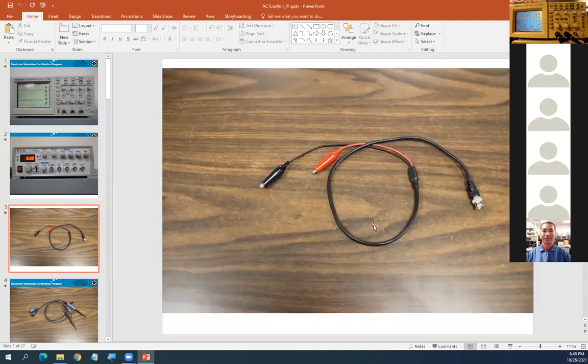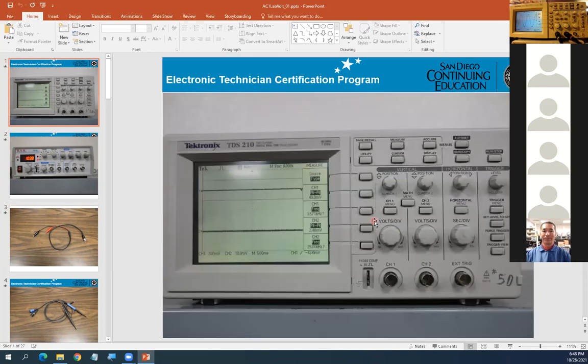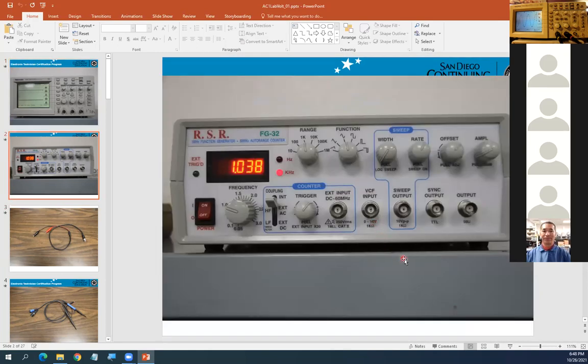Yeah, Mr. Pham, if you go back to the generator, I was going to ask a question, or maybe I don't know if you want to cover it at this time. The section in the box that's called counter and the other section that says sweep. Do we need to worry about those right now?